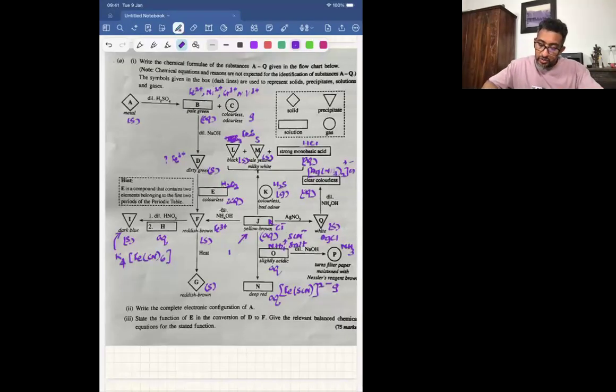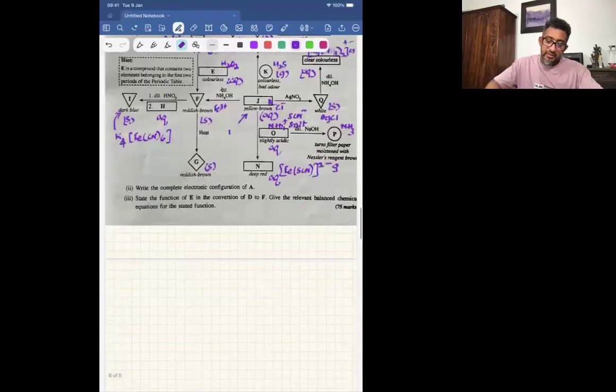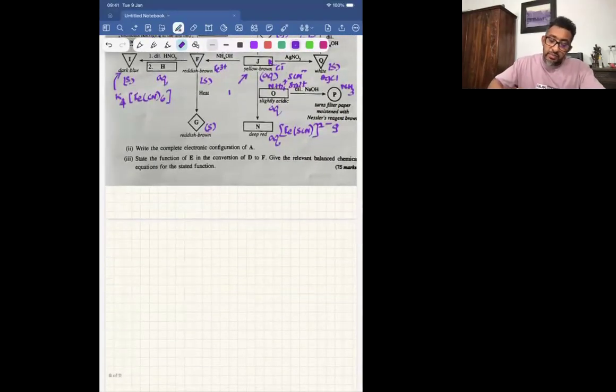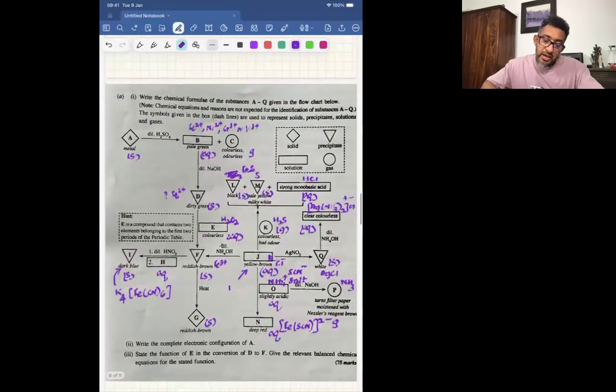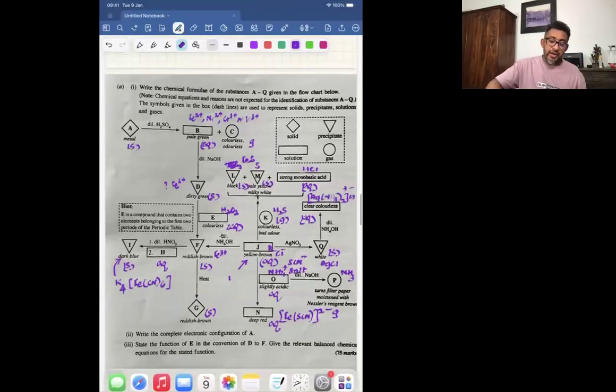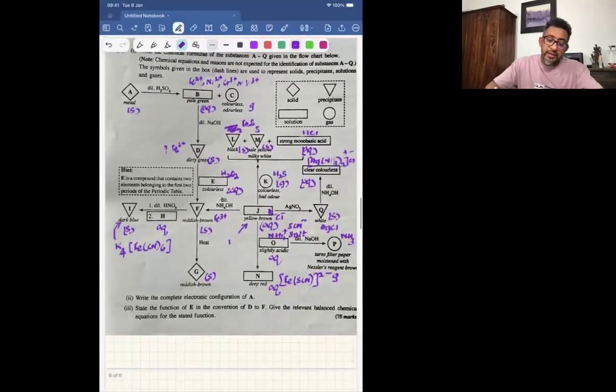Write the complete electronic configuration of A. What do they say? Write the chemical formula of the substances A to Q in the following chart given below. A to Q represents the precipitate. Colorless, odorless gas.